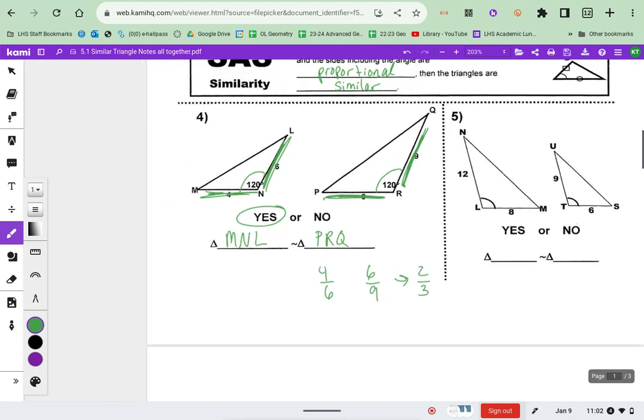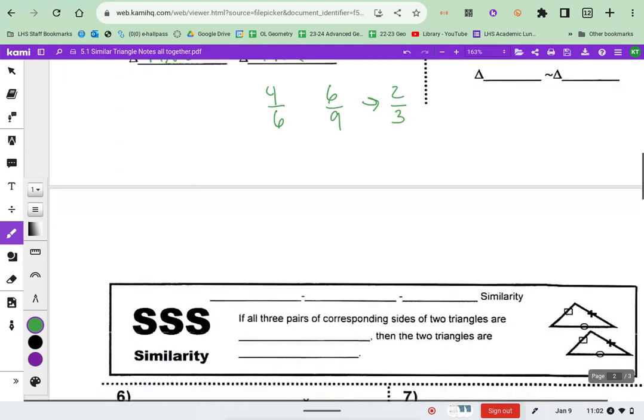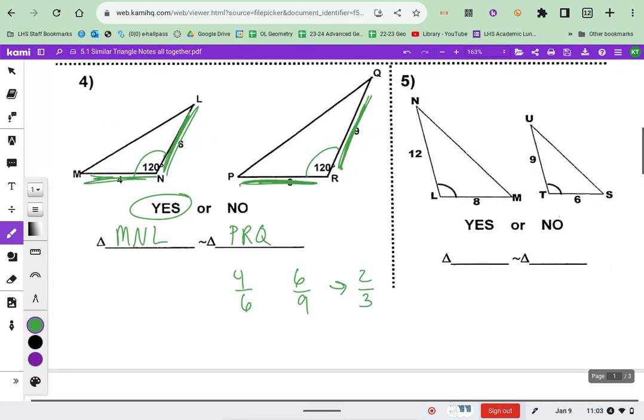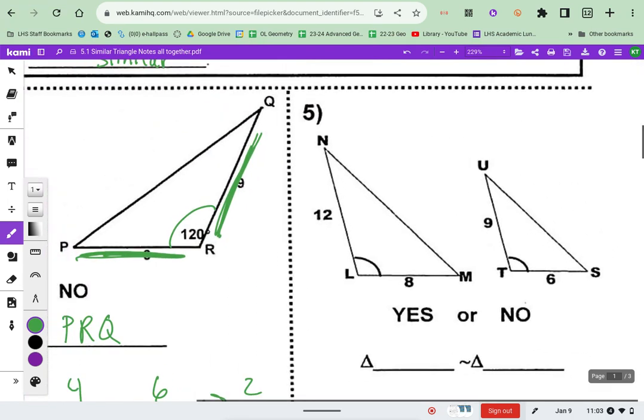Okay, let's see. We can go ahead and do number 5 real quick together too. So if we do number 5, we have a congruent angle already marked. I'm going to put the corresponding sides together. I like to do small over small, bigger over bigger. So I'll do 6 over 8. That should reduce to the same thing as 9 over 12.